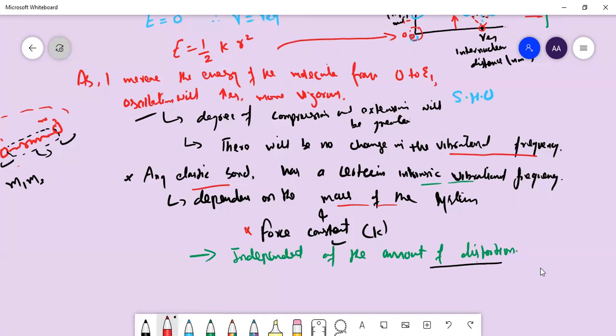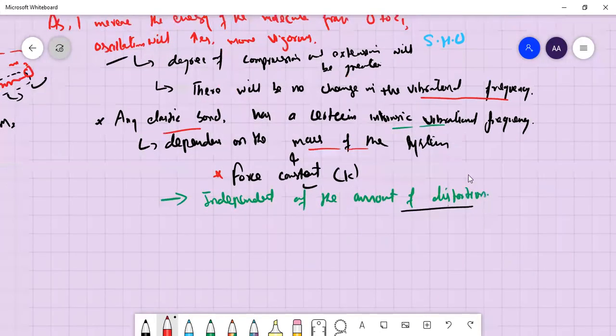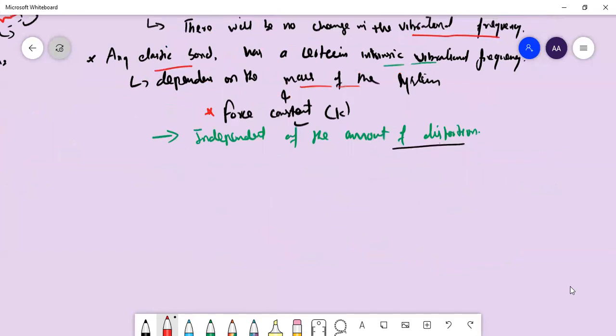Now, this term, the force constant, is a very important term, and it will affect the vibrational frequency of any kind of bond. So if the force constant of the molecule is higher, then the well in your parabolic curve will be steep.